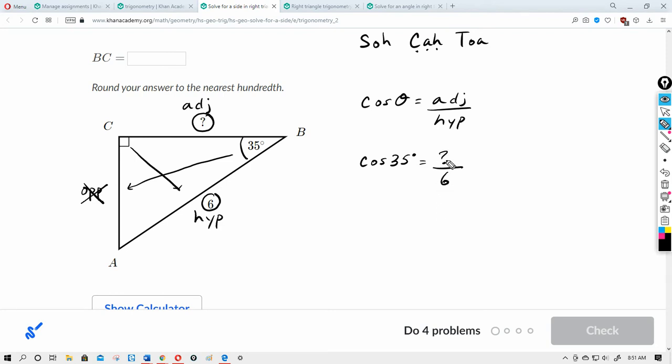In order to solve for the question mark, we have to multiply both sides by 6. And on the right, the 6's cancel. And on the left, you do this on the calculator, 6 times cosine of 35 degrees. Make sure it's set to degrees.